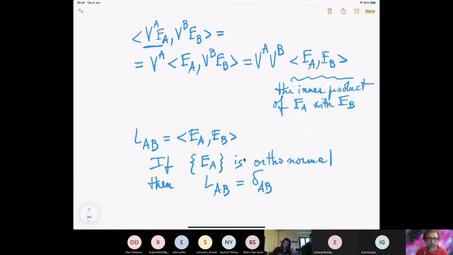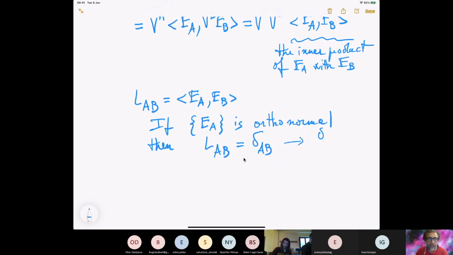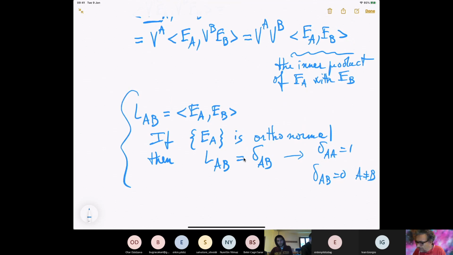Delta is the Kronecker delta. Delta_AA is equal to 1, and delta_AB is 0 when A is different from B. Okay. So we moved another step towards understanding how the generic inner product is built.